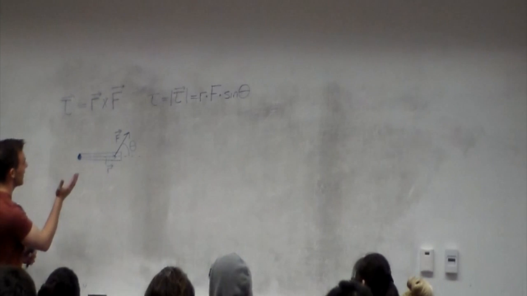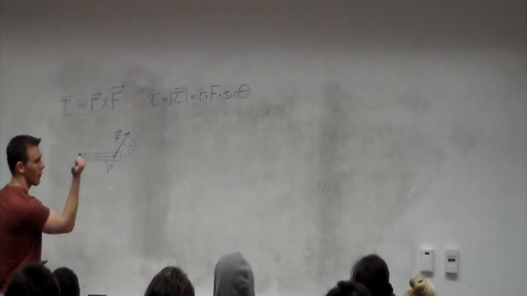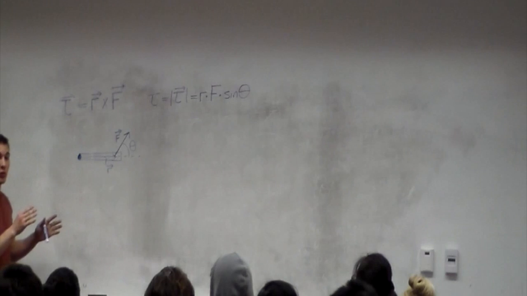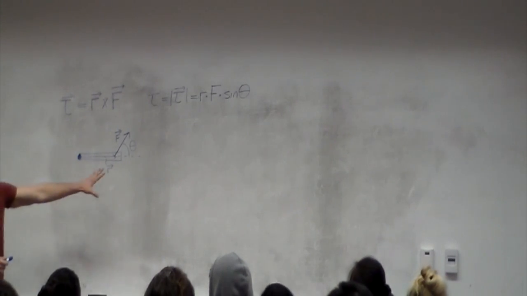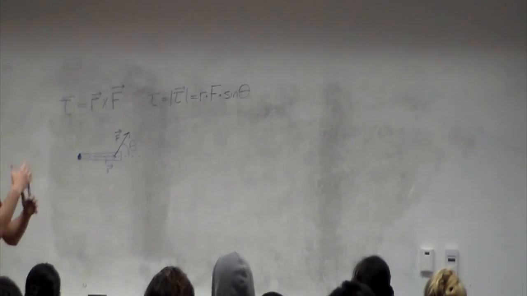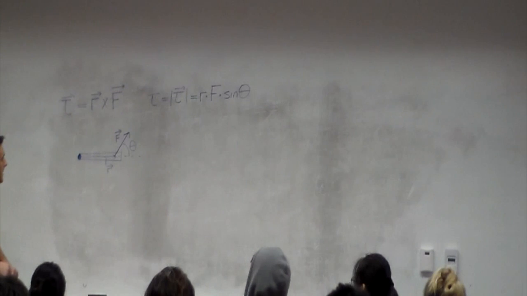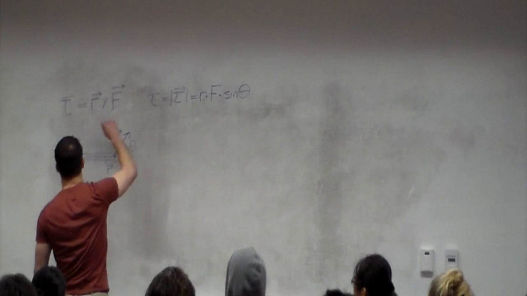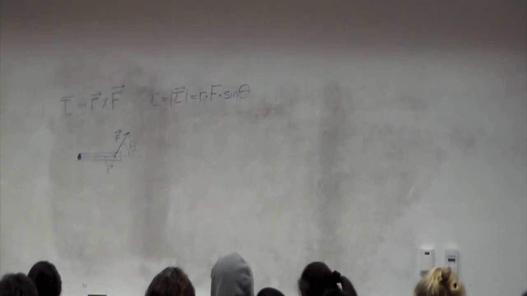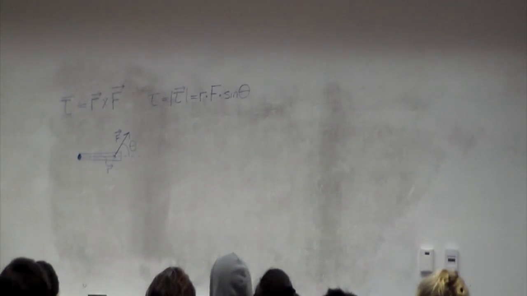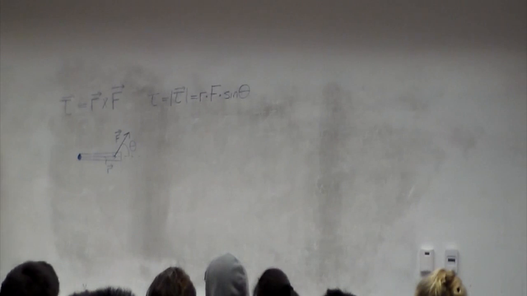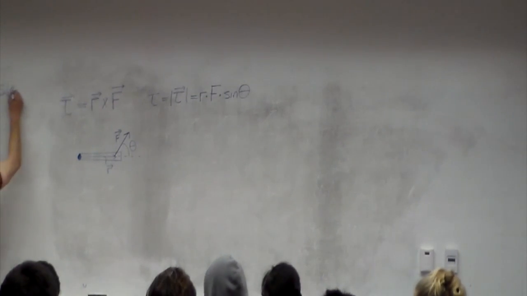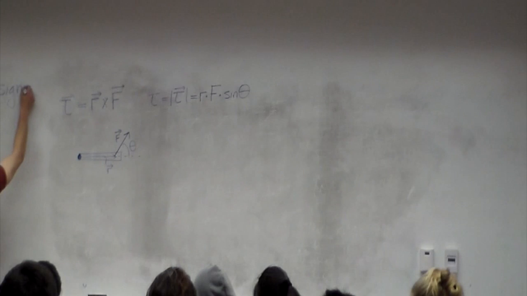So rather than think about torque as going out of the board or into the board, which are my only 2 options if it's a 2-dimensional problem, I would rather think of it as positive torque and negative torque. My definition is going to be a torque that makes the system, right?